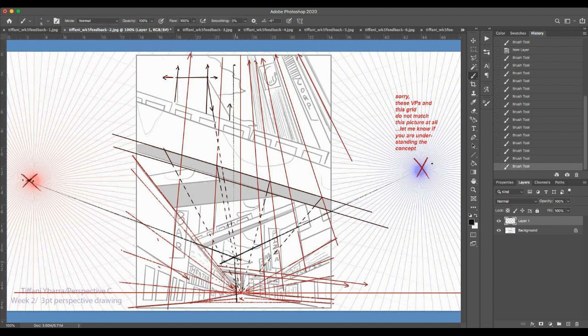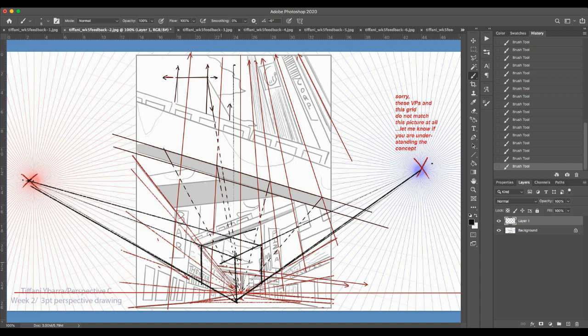Okay, there was a third VP, but it'd be something like this, right? So you can see that yours really aren't working. And so, there's the extra homework that we were talking about, which kind of covers that. All right.